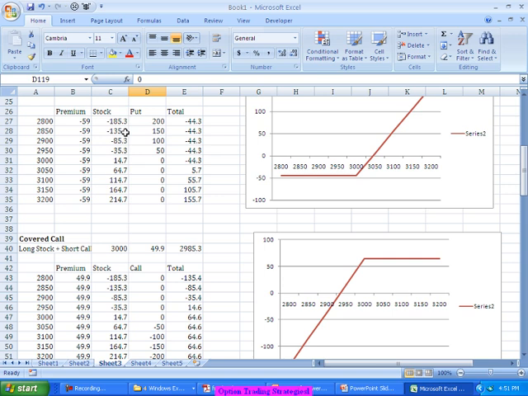But here, in case of protective put, we are going with a long put, and in case of covered call, we have gone with a short call. So with one call and one put, it's still a combination strategy. With a combination strategy also I can create a spread.